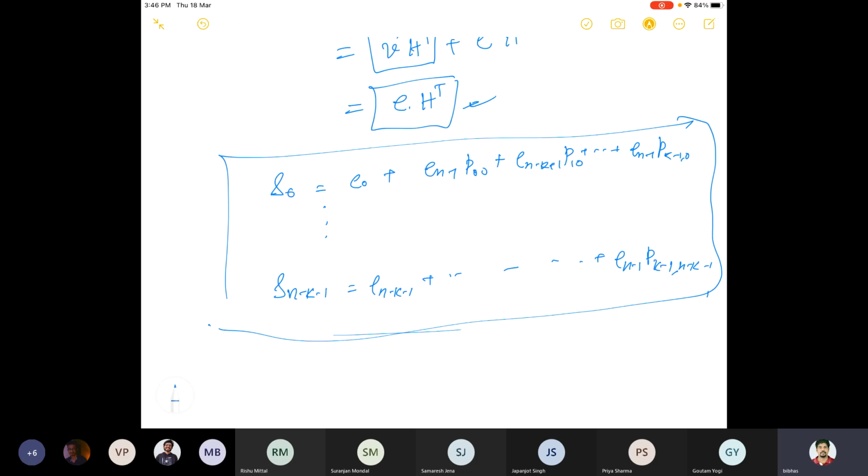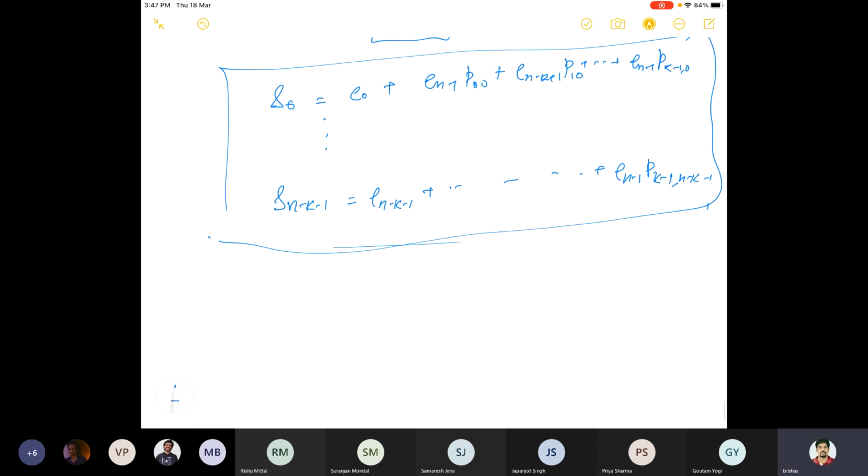This is n minus K linear equations, but the solution need not be unique. There are n unknowns and n minus K equations, so definitely there is more than one solution. That's the problem here.